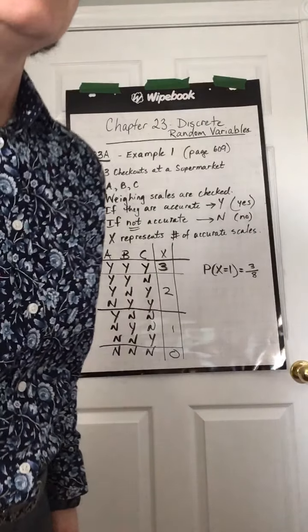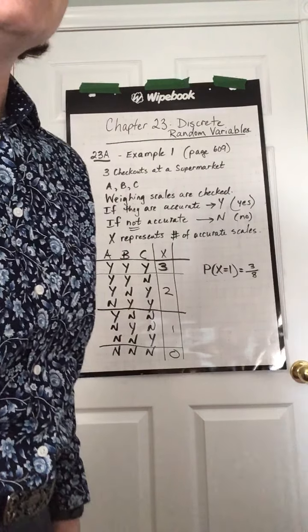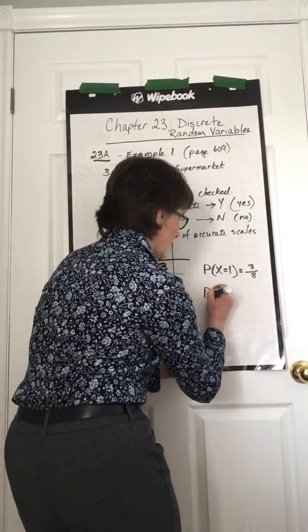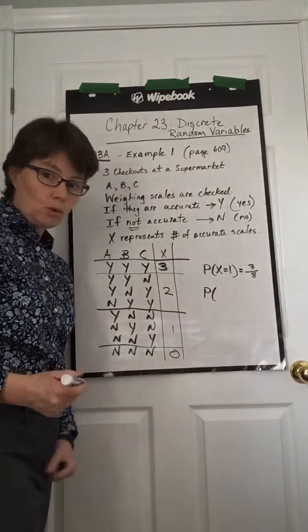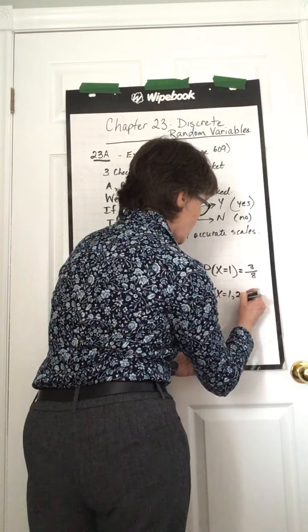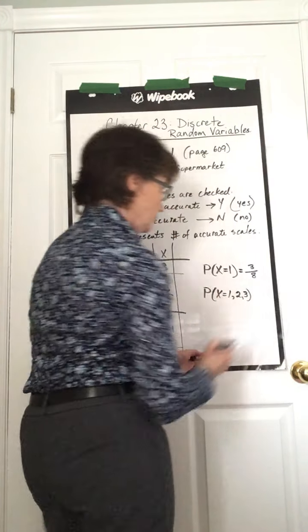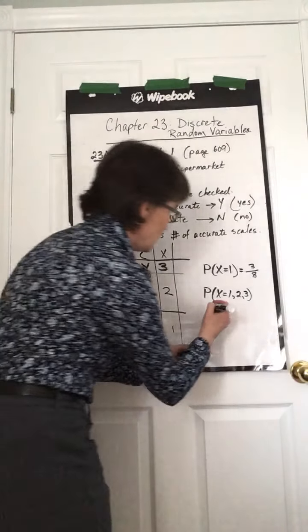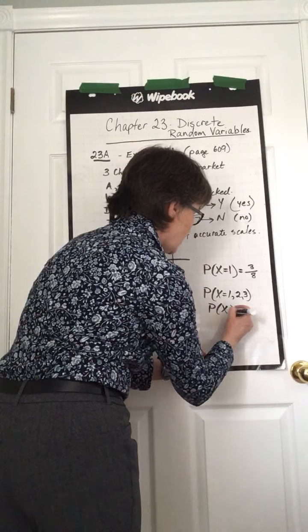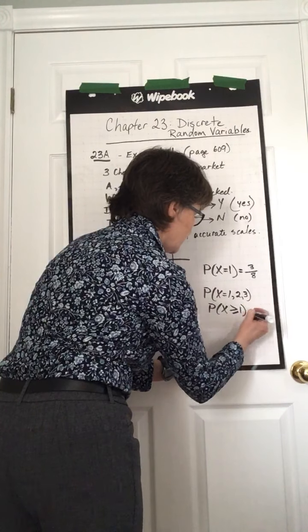Second part was, how would we represent at least 1 accurate scale? So we would say the probability of at least 1, that means that X is 1 or 2 or 3. So another way of saying that in this case would be the probability that X is greater than or equal to 1.